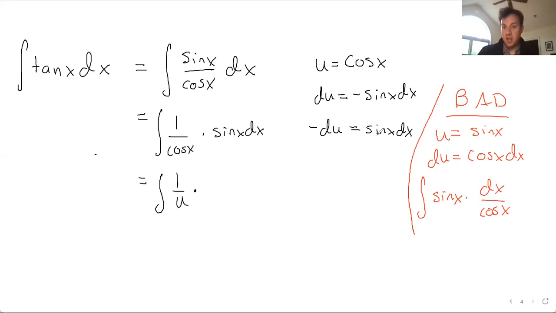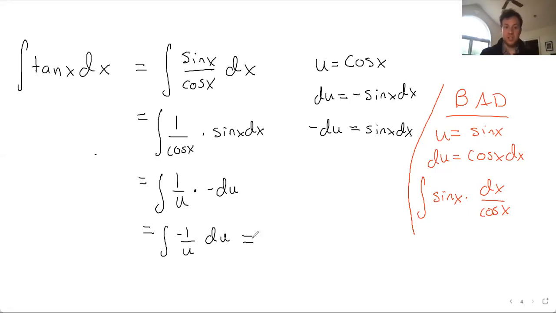Sine x, now we have that actually appearing in one of these equations, becomes negative du, or rewriting it in a more normal looking way, negative 1 over u. And now we can integrate this.